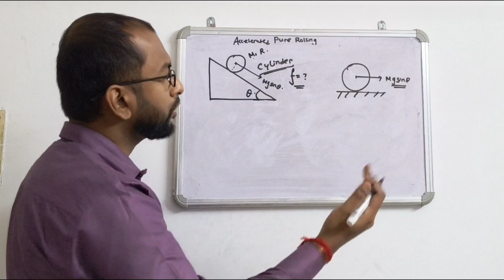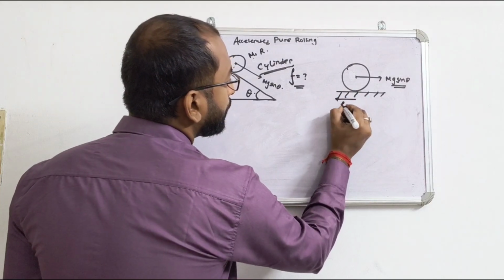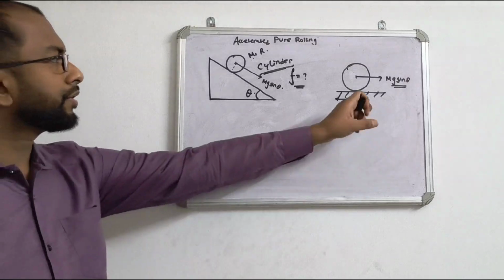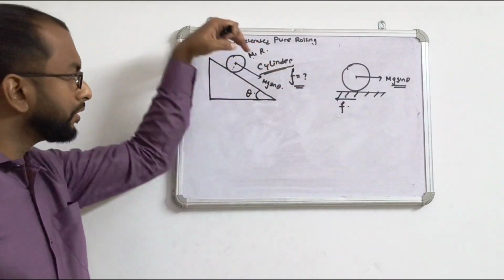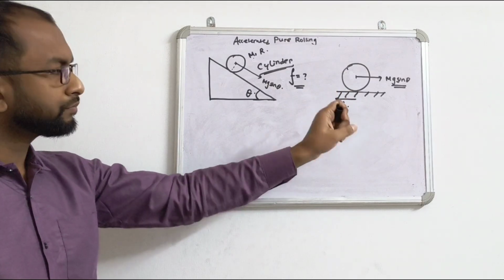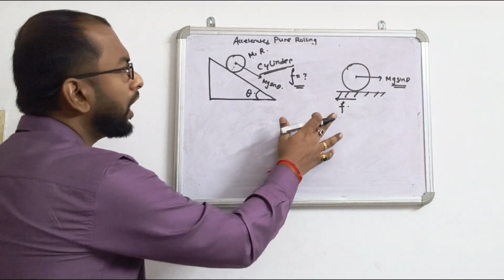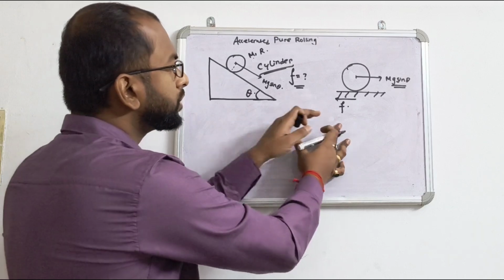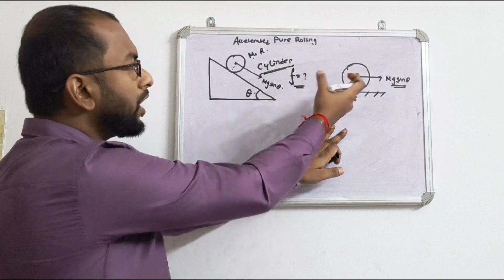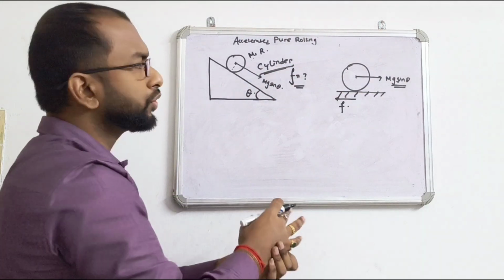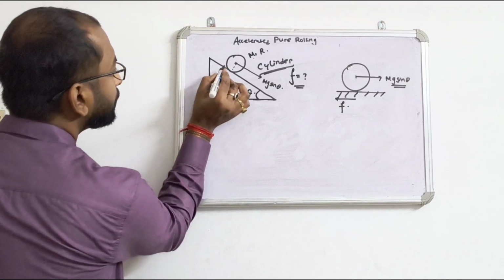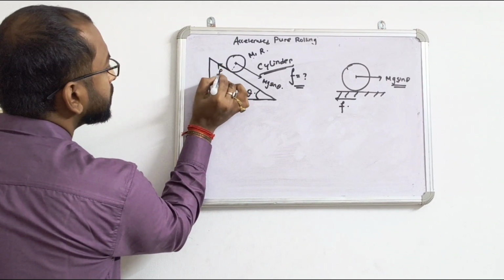So who will supply the torque? The friction will supply the torque. This is only providing the linear acceleration down the inclined plane, but friction will come as a savior, and it will ultimately try to reduce the linear acceleration in the forward direction and it will try to increase the angular acceleration in the clockwise direction so that it helps the body to rotate purely. So the friction force will be acting in the opposite direction.